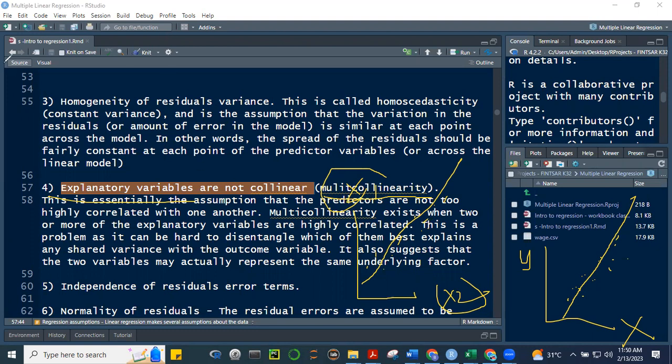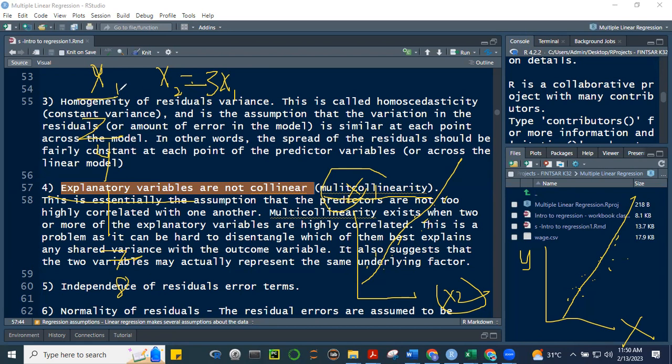Let me illustrate the case. Suppose you have y, and x1, and then x2. This is x1, and x2 is simply equal to 3 times x1. This is a very dramatized example. So you have your x1 here. Suppose you have 2, then 4, then 1, then 7. These are the values. And then your x2 is just 3 times x1.